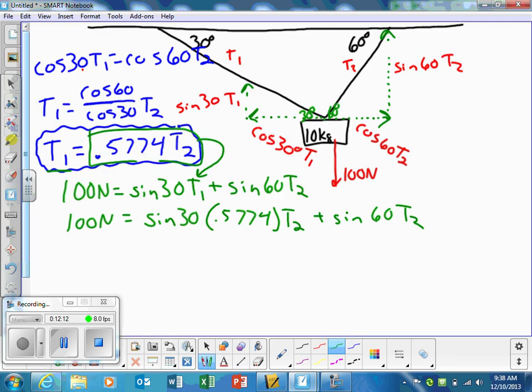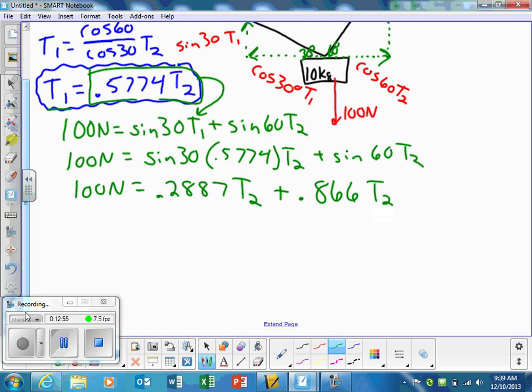So the sine of 30 times 0.5774 is, that'd be what, 0.2887 T2, plus the sine of 60 times T2, so it's like what, 0.866? Is there one more decimal point, please? 0.866 T2.